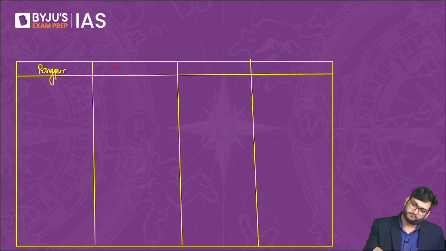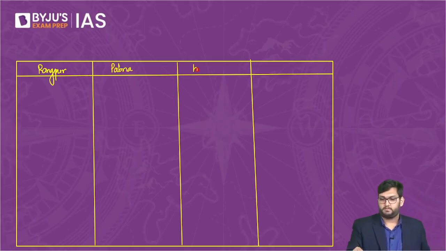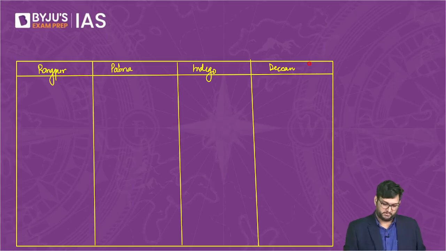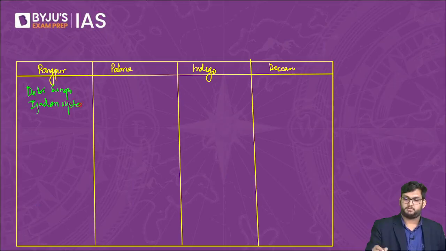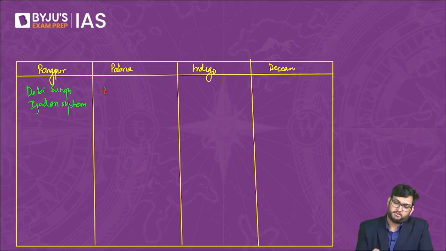Rangpur, Pabna, Indigo, Deccan. Rangpur is against Debi Singh, Ijdari system. Pabna is against landlords.